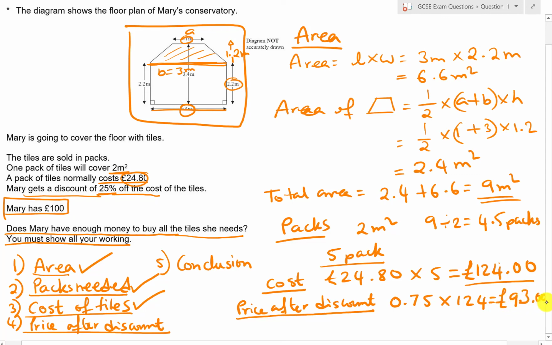Okay, now she will need to pay £93 for the tiles. Mary has £100, so we can say for the final conclusion that Mary has enough. Okay? So Mary has enough money to buy all the tiles she needs for her conservatory.